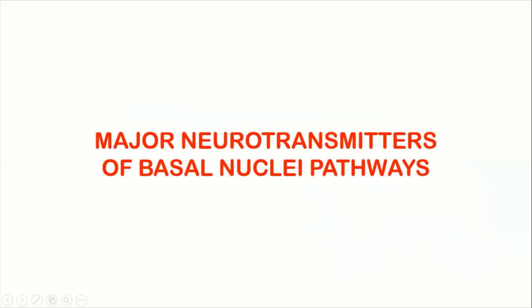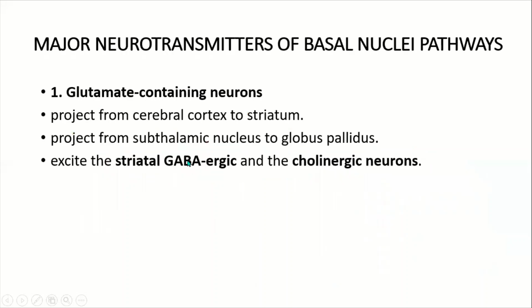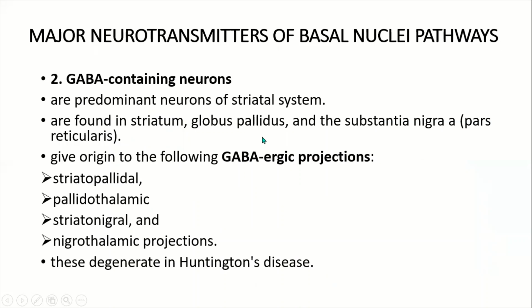Major neurotransmitters. The last topic of today's lecture on the basal ganglia is the major neurotransmitters of basal nuclei pathways. First of all, glutamate-containing neurons project from the cerebral cortex to the striatum. They project from the subthalamic nucleus to the globus pallidus, and excite the striatal GABAergic and cholinergic neurons.